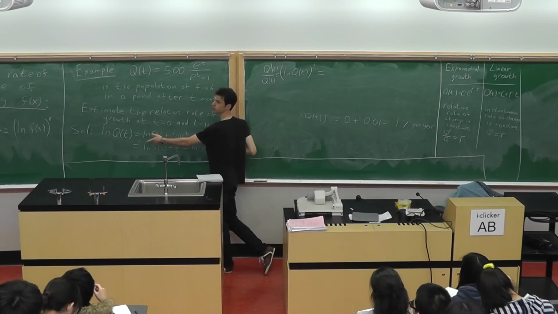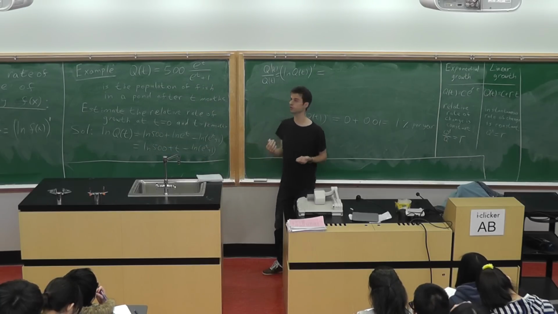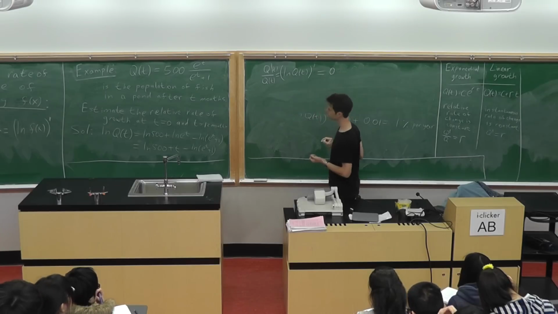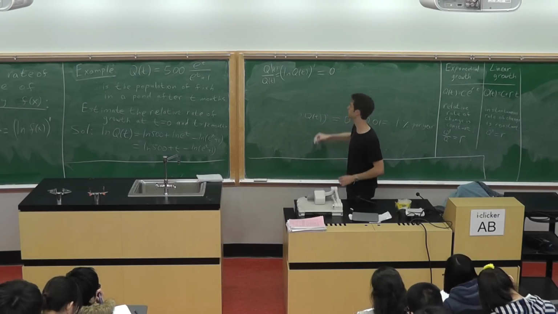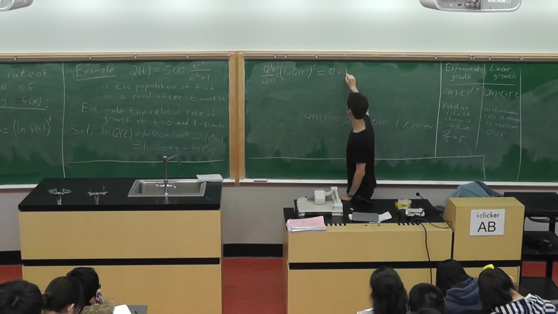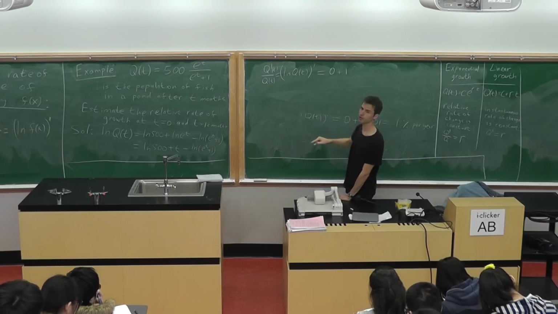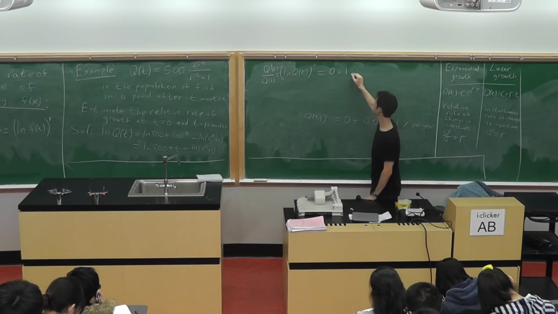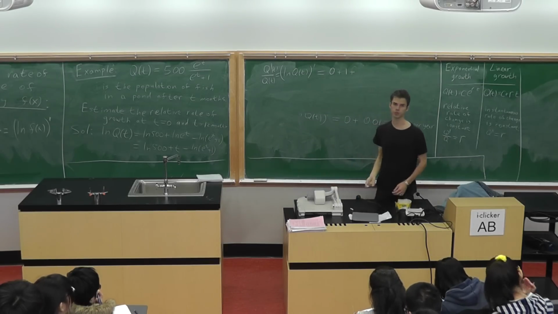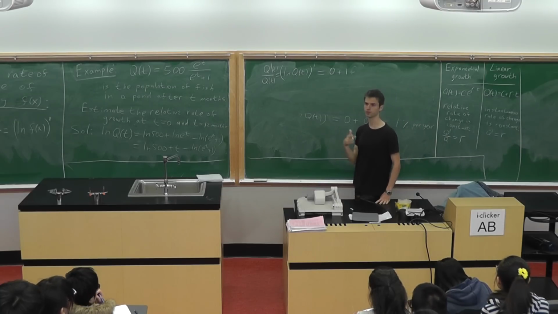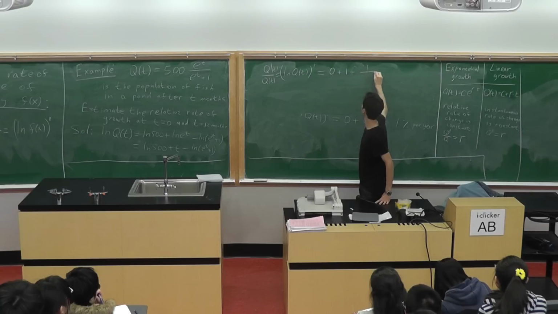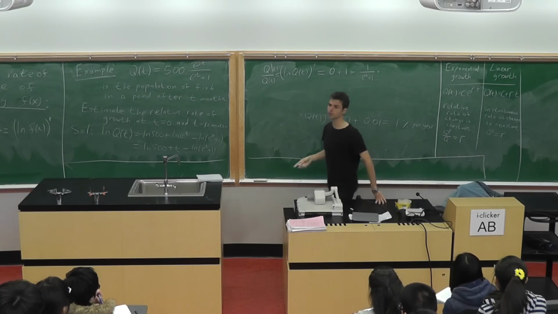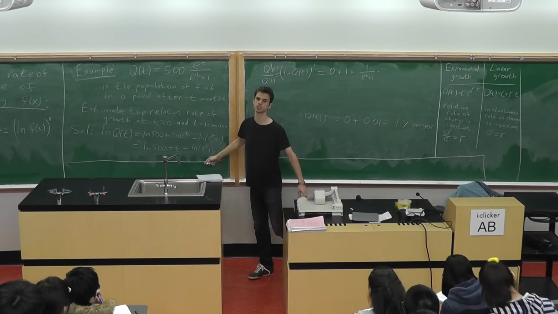So the derivative of ln of 500 is 0, because it's just a number. The derivative of t is 1. Derivative of ln of something, well, I'll apply the chain rule. The derivative of ln is 1 over the argument, so it's 1 over e to the power t plus 1, multiplied by the derivative of the argument itself.